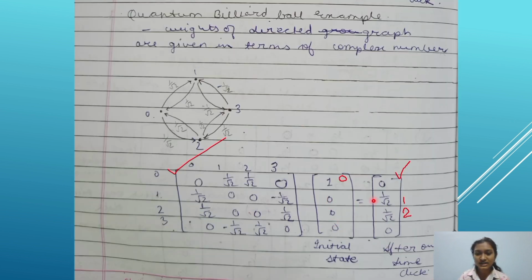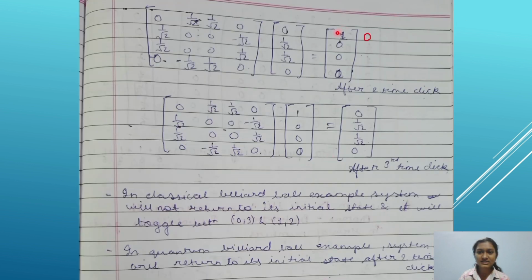This is the initial state, that is the ball at vertex 0, and after 2 time click we are getting the same matrix. That is, in the quantum billiard ball the ball returns to its initial or original position after 2 time click. So this is the biggest difference between these two.